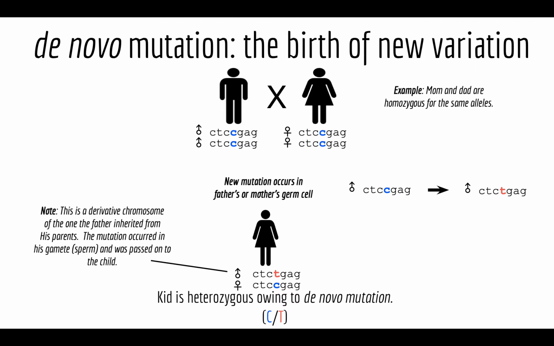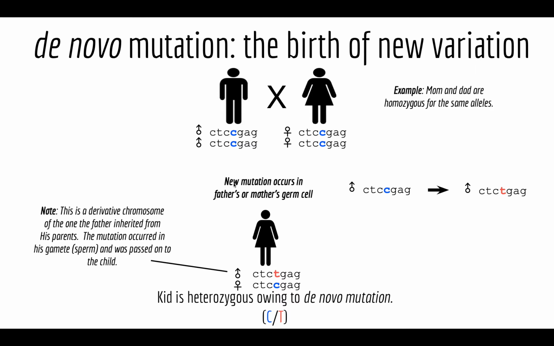so let's talk again about the birth of a new variation. So, trying to ram this home. Let's say mom and dad are homozygous at this site of interest that's colored. They both inherited a C from their parents. But let's imagine that a new mutation occurs in, let's say, father's sperm cell.